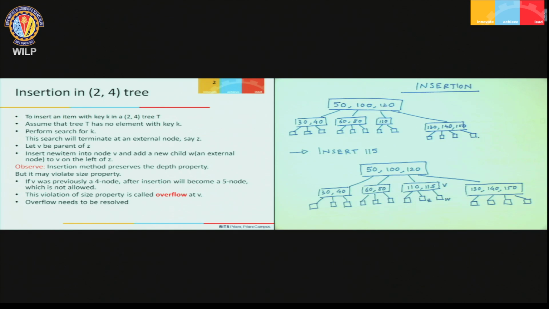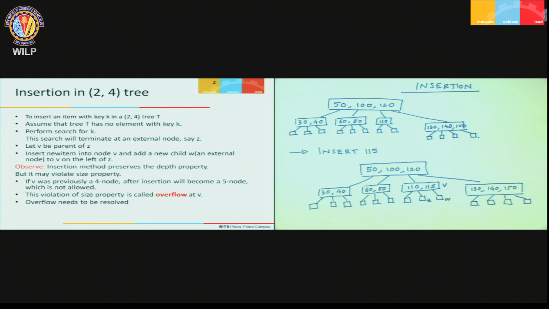Once we identify V, we simply insert the key that we want to insert into V. So, 115 is inserted at location V, and we also add a new external node at V, which is called W. Now, insertion so done preserves the depth property, since we are just adding an external node at the last level.